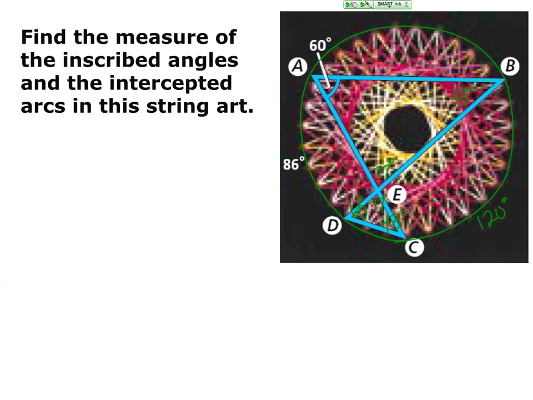And linear pair, 103. So you're noticing that this angle was 103, but that arc was 86. And this angle is 103, and the arc inside it is 120. So we need to figure out what we're doing there. That's the next type.